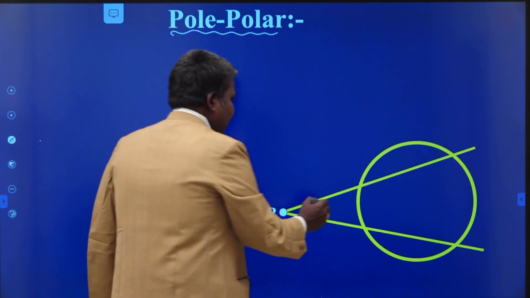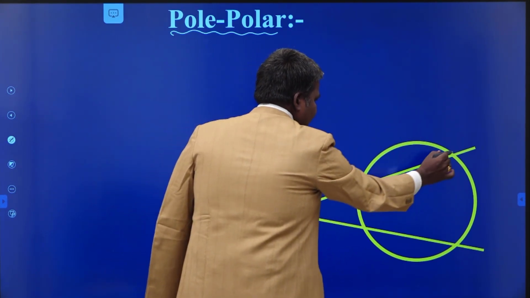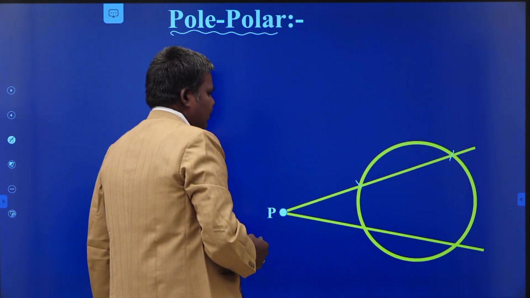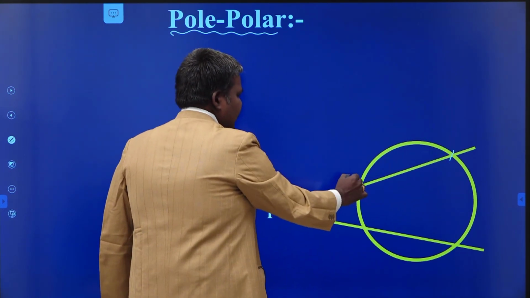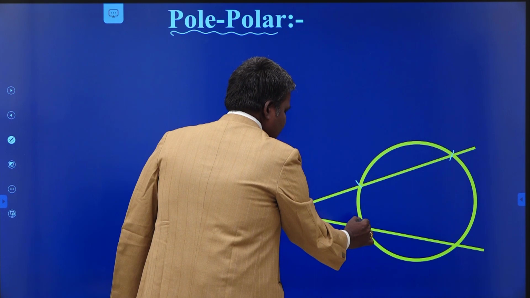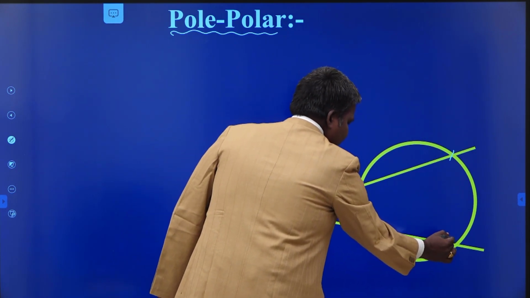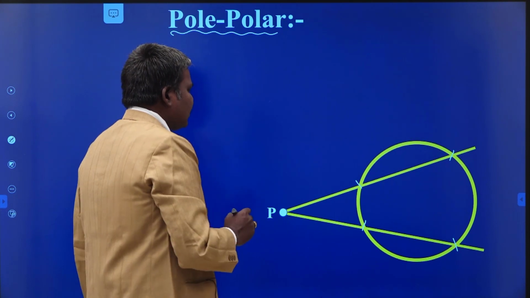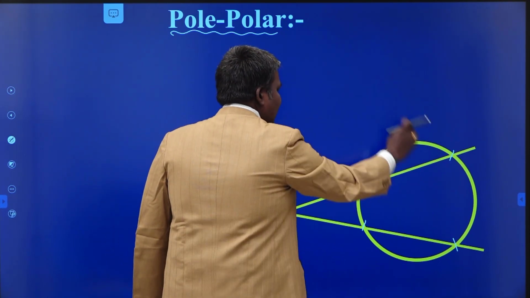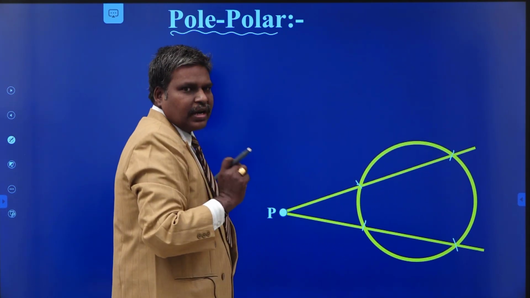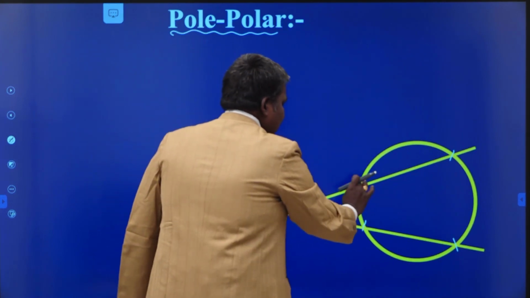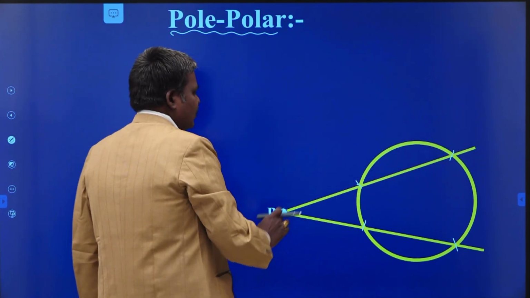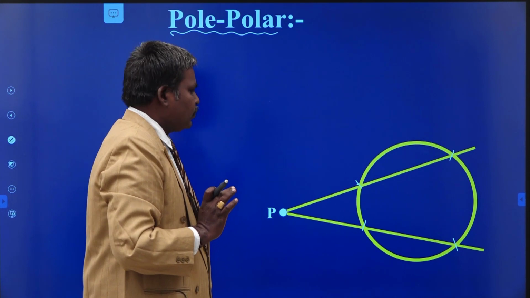Now, every secant intersects the circle at 2 points. This first secant intersects the circle at these 2 points, and this other secant intersects the circle at these 2 other points. Now, let us draw the tangents at their points of intersection.